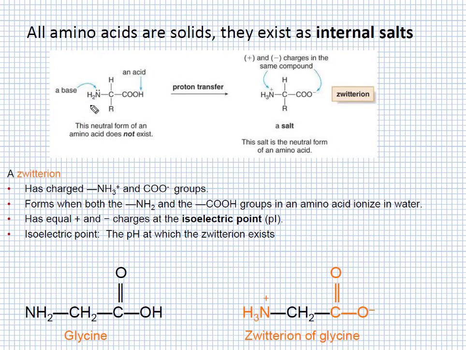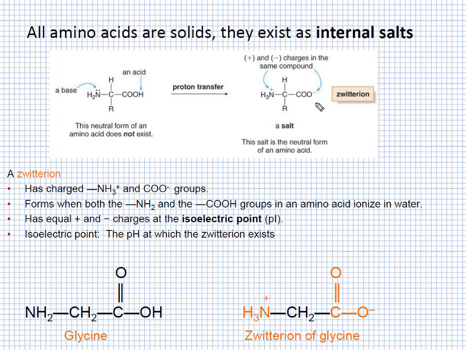As I mentioned earlier, all amino acids are solids at room temperature. They exist as internal salts. One part of the molecule, you can kind of think of it, doesn't really work this way, but good enough, the acid, reacts with the base. We protonate the amine, we get the ammonium ion. The base has been deprotonated, so we have a positive and negative.